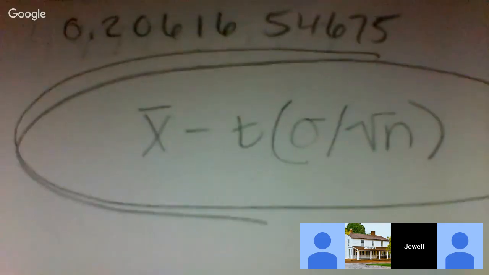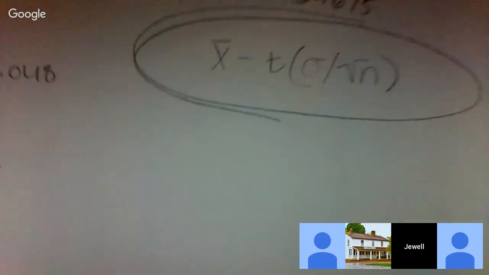So if we have 40.048, wait, is our sample size? Is that what you just read, the formula that I'm showing you for the lower limit? Yes. That's the lower limit, and then you do that same one but plus instead of a minus for the upper limit. Is that right? Yes. Cool.